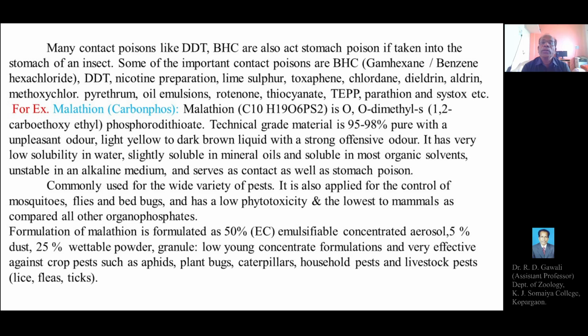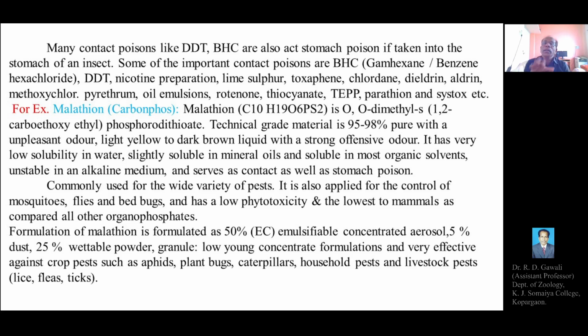Then nicotine preparations, lime sulfur, toxaphene, chlordane, dieldrin, aldrin, methoxychlor, pyrethrum, oil emulsions, rotenone, thiocyanate, TEPP, parathion, and cystox, etc. These are all examples of contact poisons.